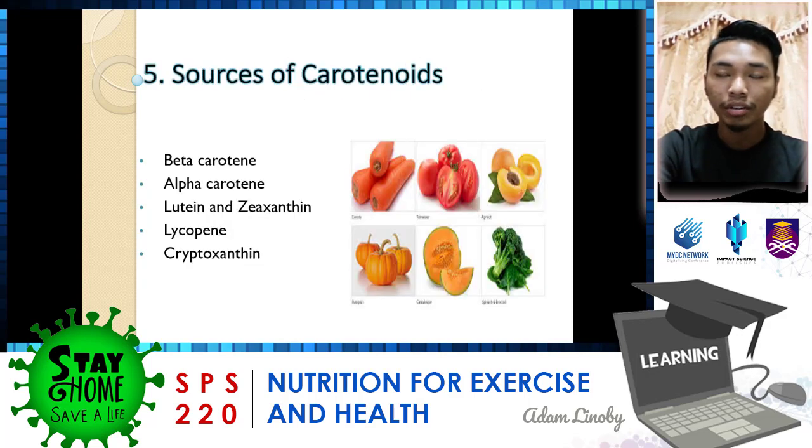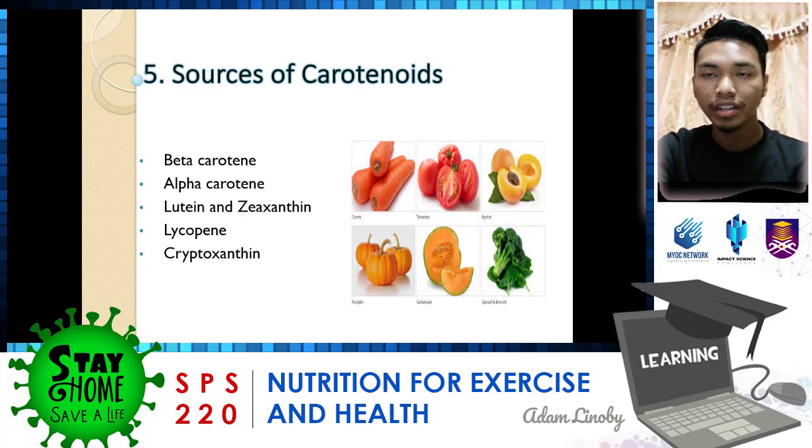For sources of carotenoids, there are 5 sources. The first is beta carotene, for example apricot, cantaloupe, carrot, leafy green vegetables, pumpkin, sweet potato, and winter squash. The second one is alpha carotene, for example carrot and pumpkin.